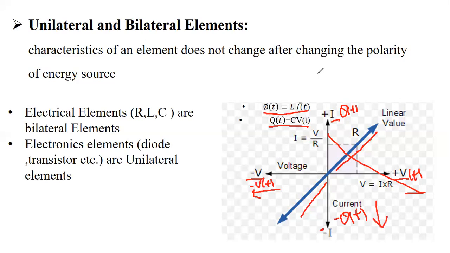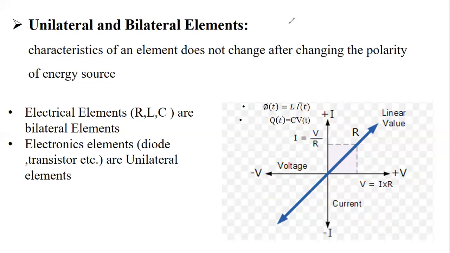So all RLC, all electrical elements are bilateral elements, having the same characteristics in both the forward direction as well as in the reverse direction, while all electronics elements, that is diode, transistor, MOSFET, are unilateral elements because they have different characteristics in the forward direction as well as in the reverse direction.